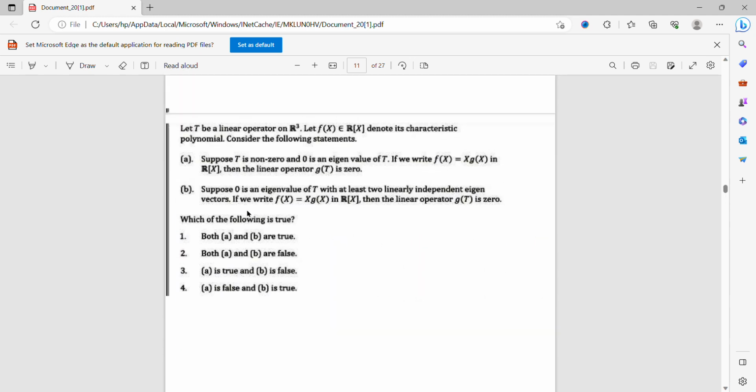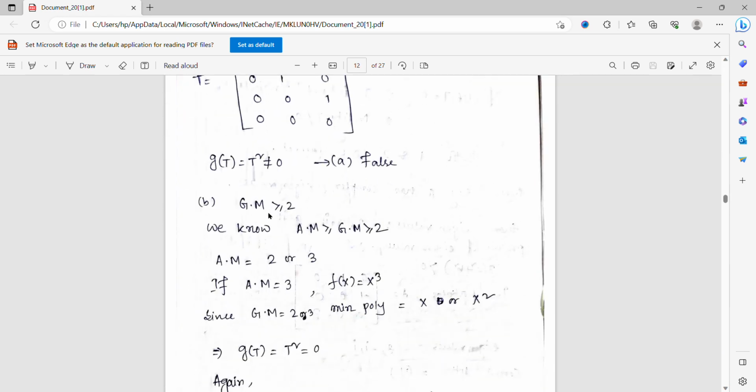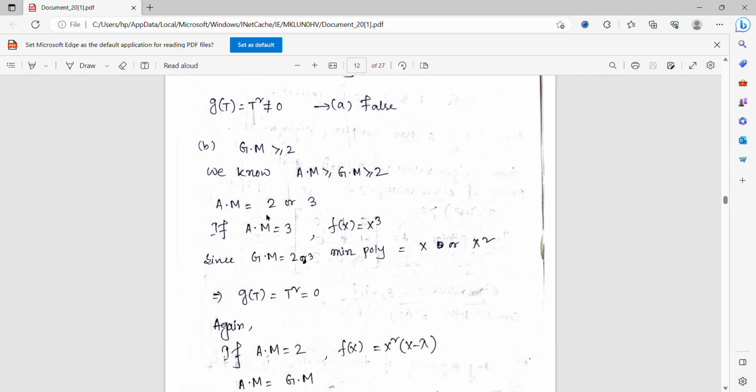Now come to the second one. 0 is an eigenvalue of T with at least two linearly independent eigenvectors. That means the geometric multiplicity for 0 is greater than or equal to 2. We know that algebraic multiplicity is always greater than or equal to geometric multiplicity. So algebraic multiplicity is greater than or equal to geometric multiplicity, which is greater than or equal to 2. So algebraic multiplicity is 2 or 3.